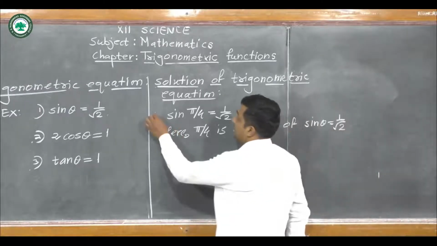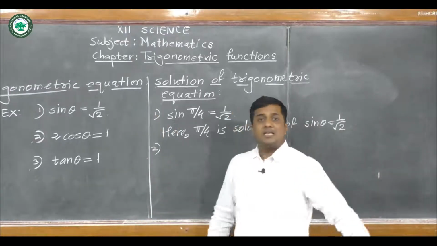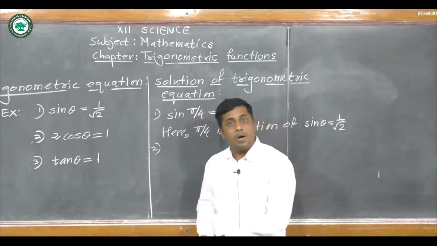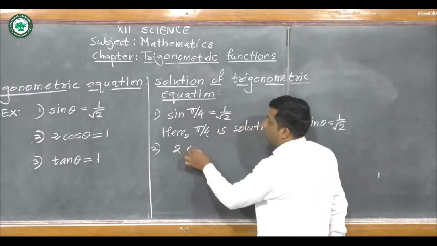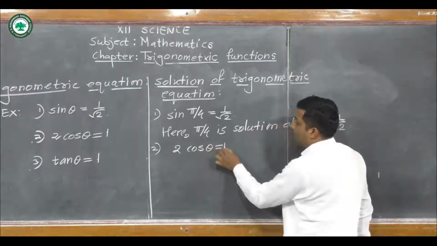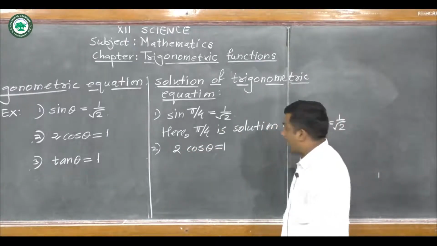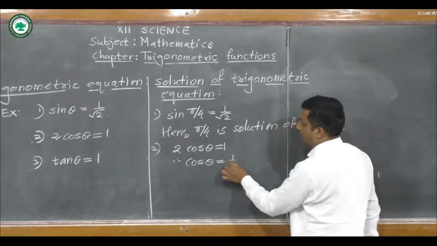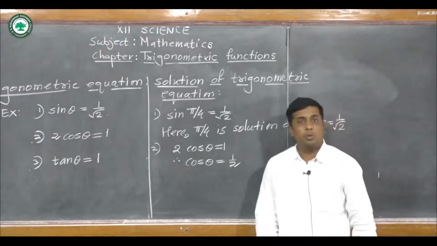Let us consider the second example. Given 2 cos theta is equal to 1. We write cos theta separately, so cos theta is equal to 1 upon 2.